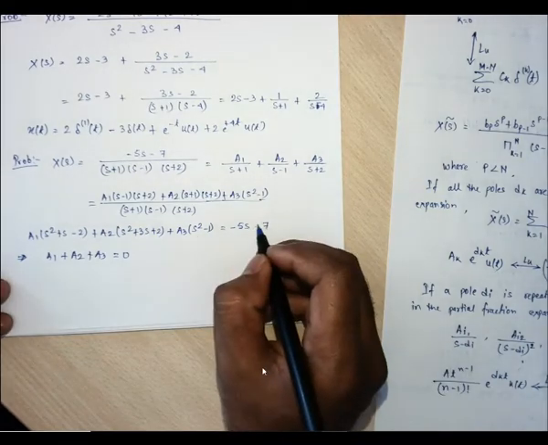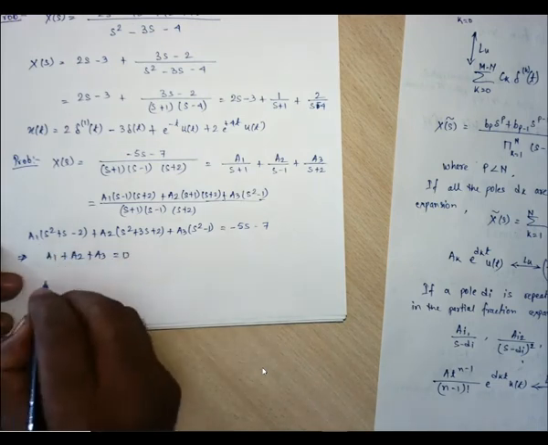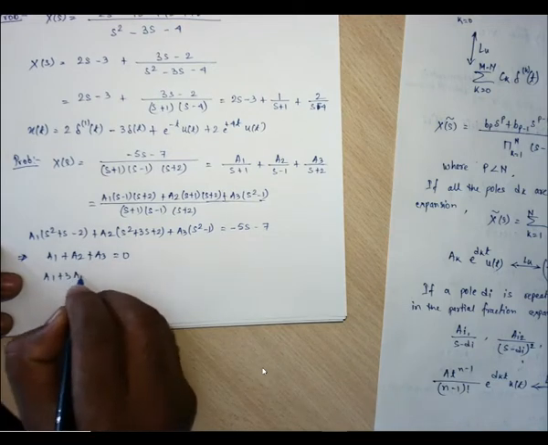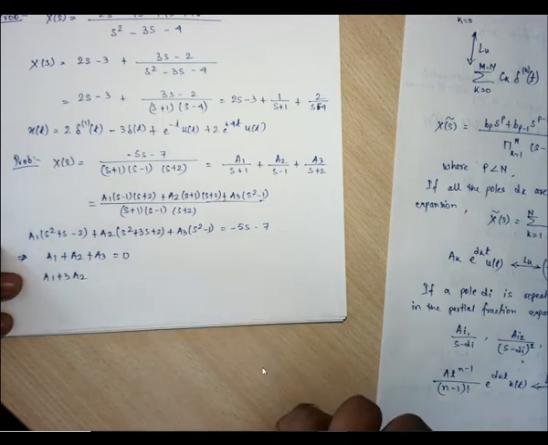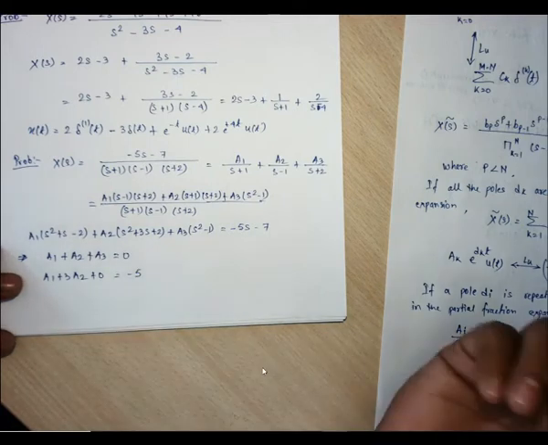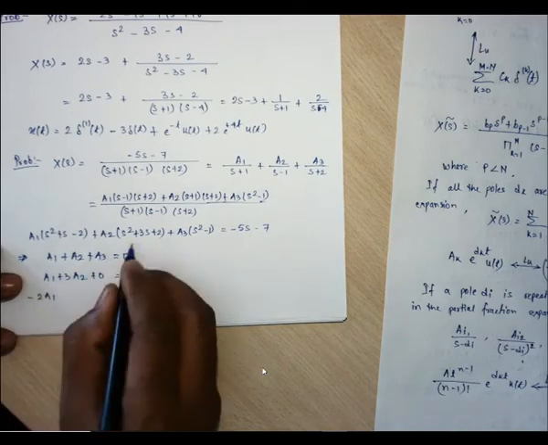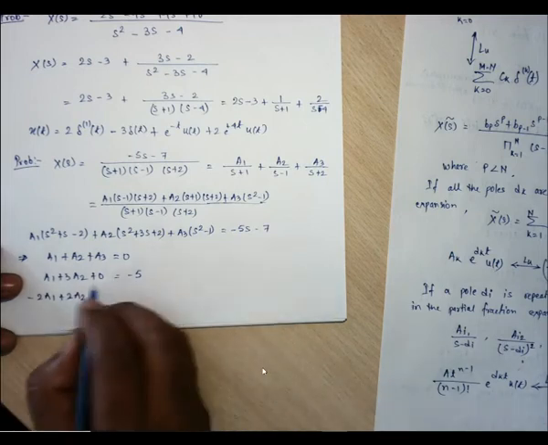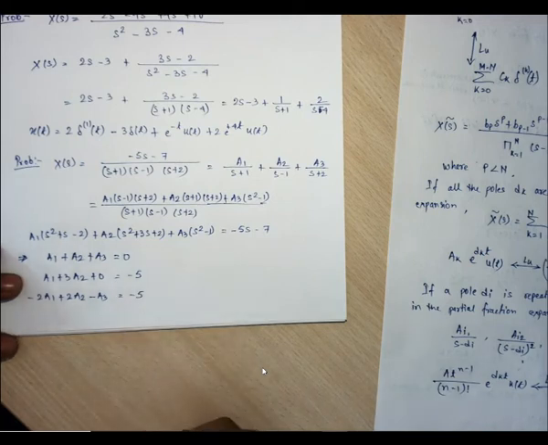Now we take the coefficients of s: a1, then 3a2, then 0, which equals minus 5. Then the constant coefficient: minus 2a1, plus 2a2, minus a3, which equals minus 7, right?